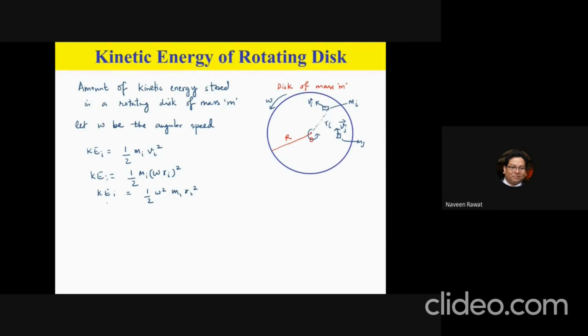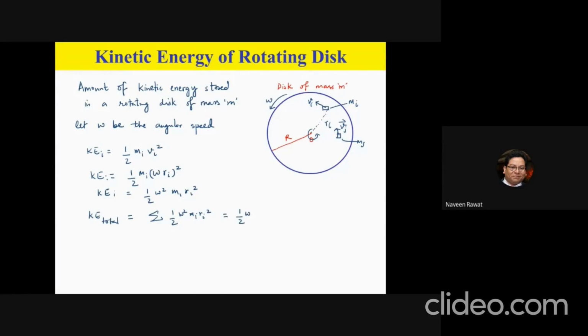Now I have the kinetic energy of a single element. If I want to find the kinetic energy of the total disk, I can just sum over these mass elements, so that I get the total mass of the disk. The total kinetic energy of the disk will be the summation of 1/2 omega squared m_i r_i squared.